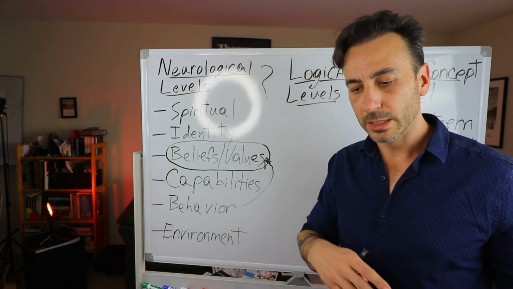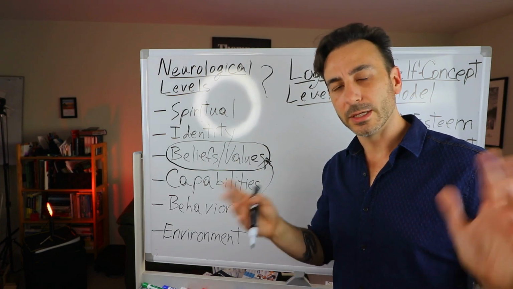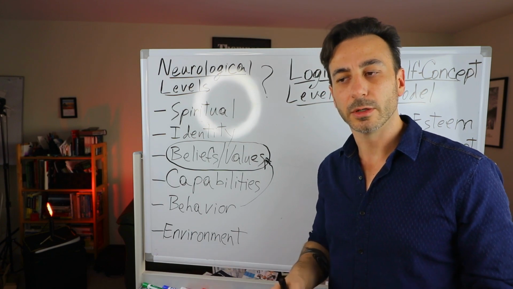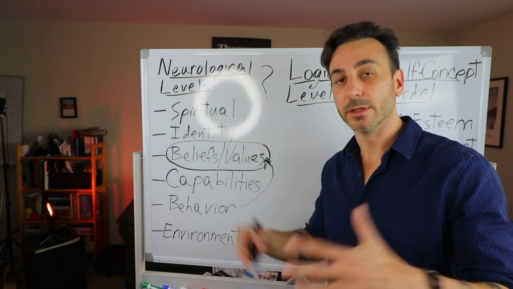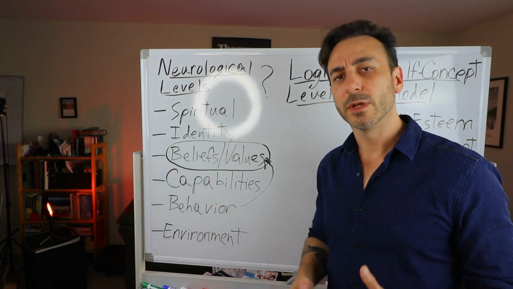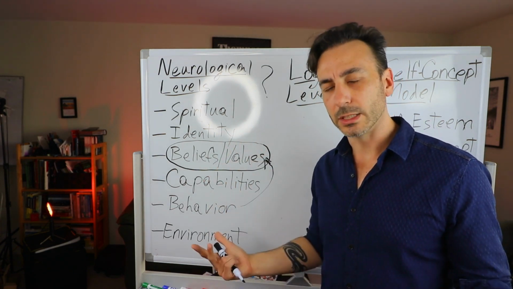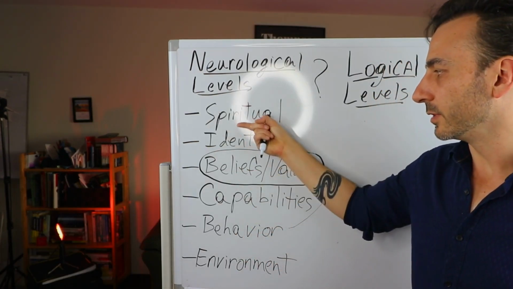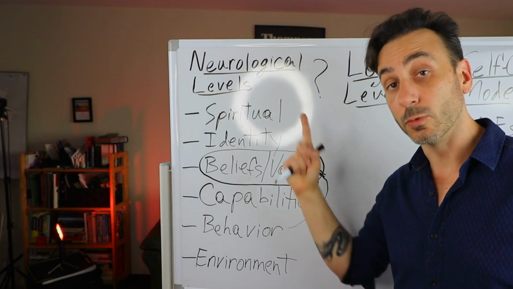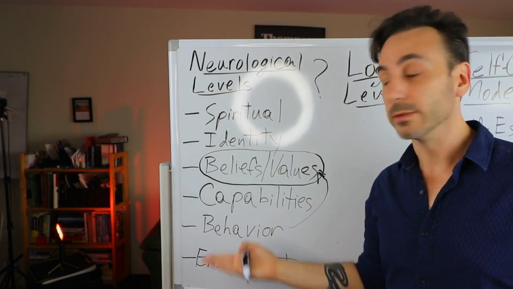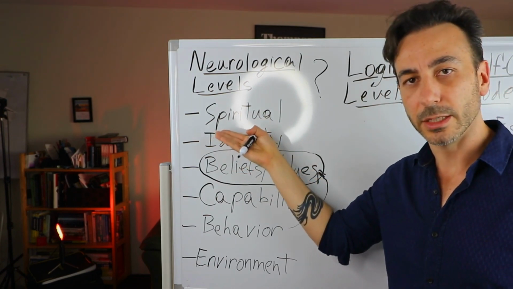There are people who know you and they have an idea of who you are, but every person's going to have a different idea of who you are, and even you are going to have a different idea than everybody else because you are living it from the inside. So we have a concept of who we are, and another word for concept is belief. So it would be more fitting if beliefs were over identity, because identity is one kind of belief, whereas beliefs encompass all beliefs. So it would actually belong at a higher logical level.